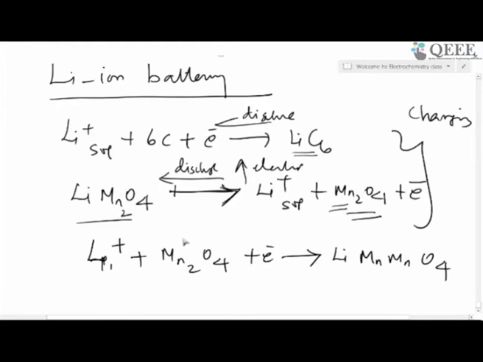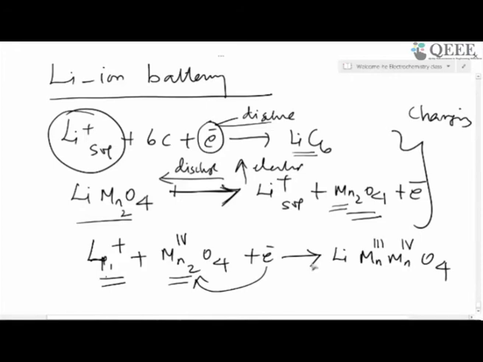What's the difference? Here Mn, manganese, is in oxidation state of 4, right? So when this lithium comes out from the lithiated graphite, it comes along with one electron. It takes that lithium and the electron, and produces LiMn2O4. In that, one of the Mn will be in oxidation state of 3, the other will be in 4. Why? Because there are two Mn here. One of the Mn has taken this electron and got reduced.